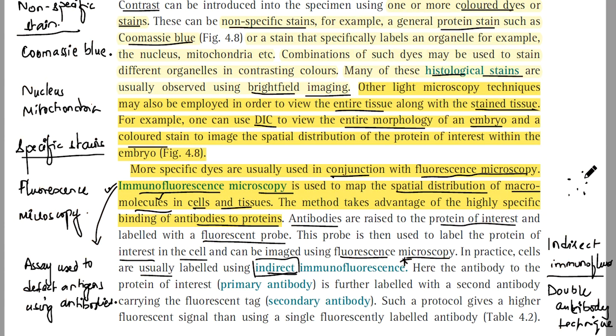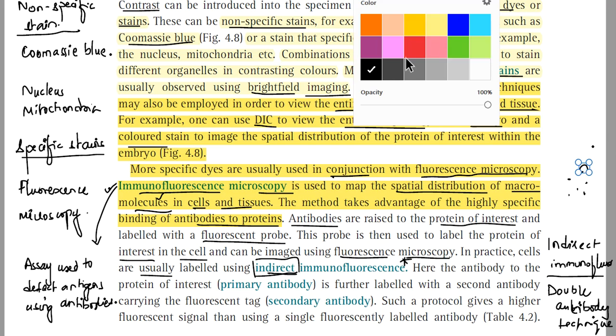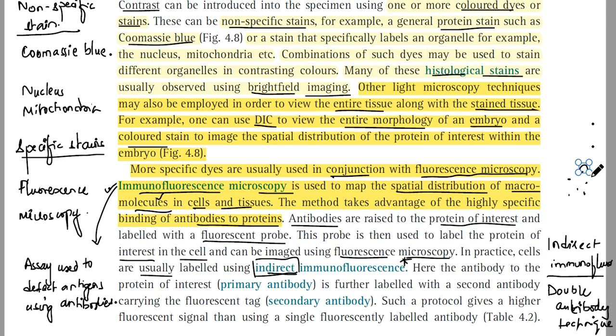So these antigens are binding to the antibody. These antibodies are not labeled at first. The unlabeled antibodies are binding to the antigens.